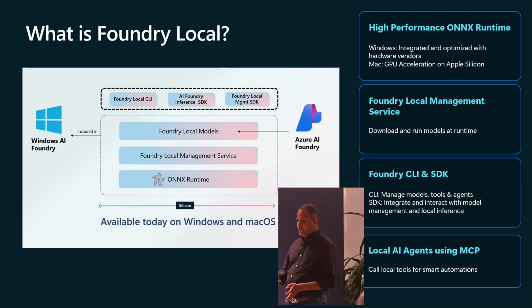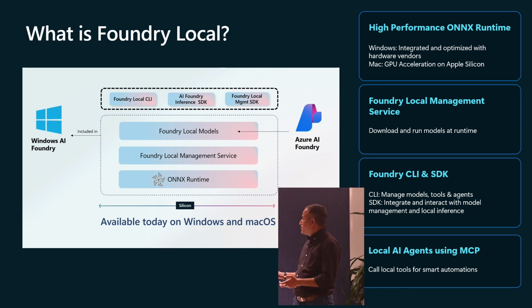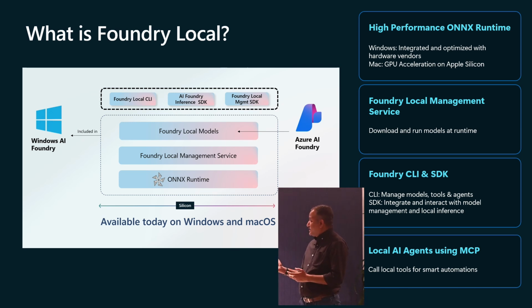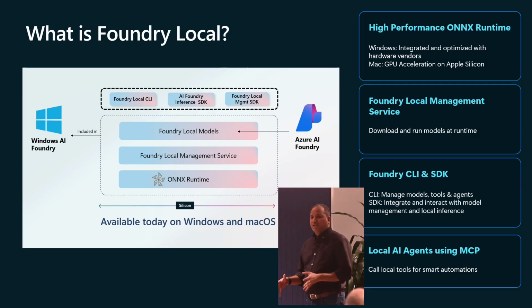In terms of the different components, it has the runtime, which is called the ONNX runtime. This is again open source by Microsoft, a format which is optimized for running these models. There is the management service, which is called the Foundry Local Management Service. And then we have the actual models, which we can download. The good part is if you are on Windows, this gets natively integrated into Windows, so you can run them natively using the Windows AI Foundry.